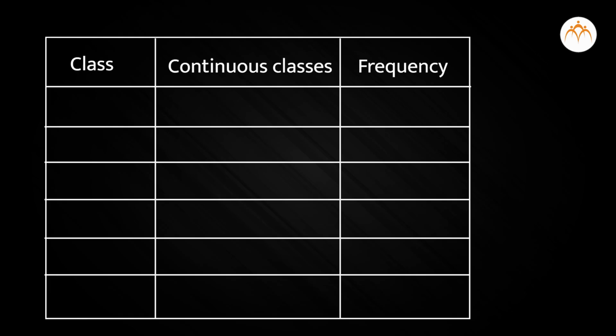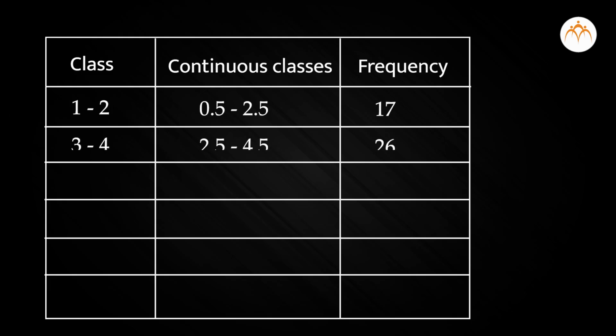Solution. The given classes are not continuous. So, let us make them continuous and rewrite the table. Class, continuous classes and frequencies. Class 1 to 2: the continuous class is 0.5 to 2.5 and the frequency is 17.